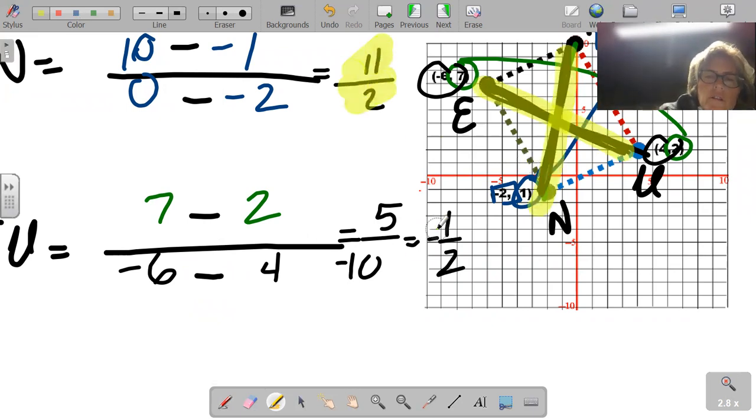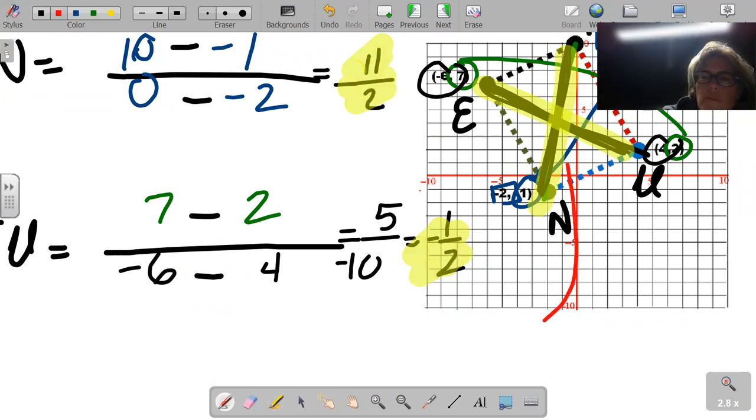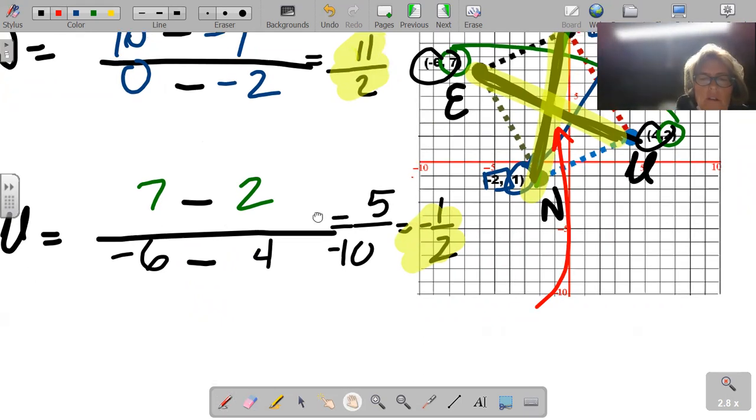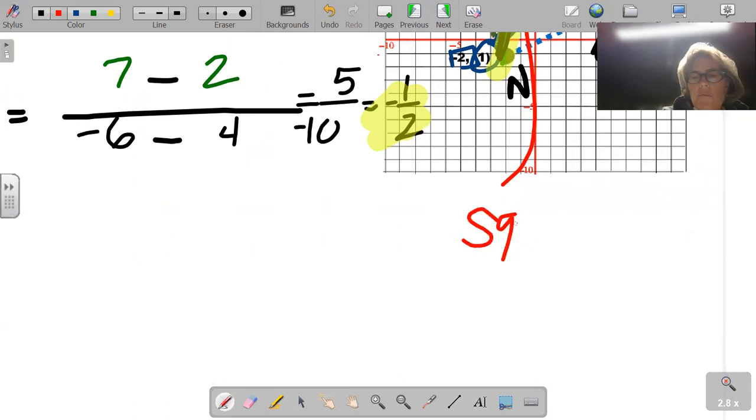And notice slopes do not multiply to negative 1. That tells you something that is not happening in those diagonals. It cannot be a square because of that math.